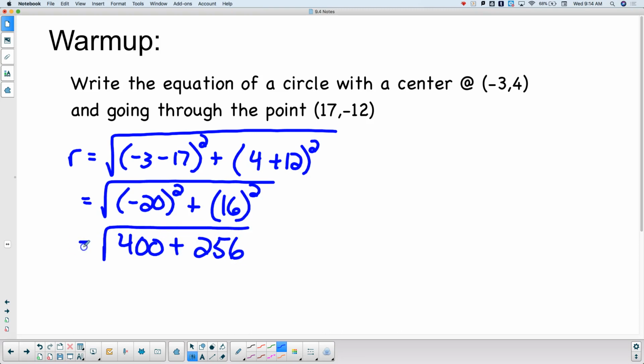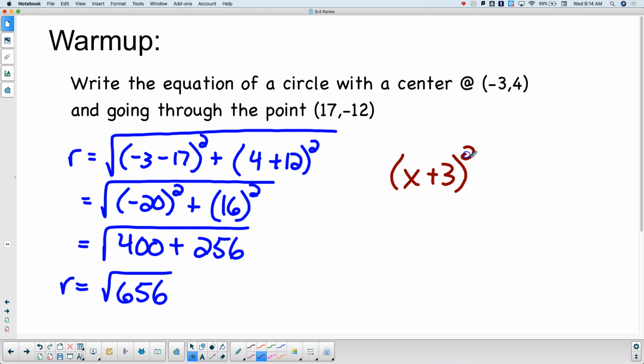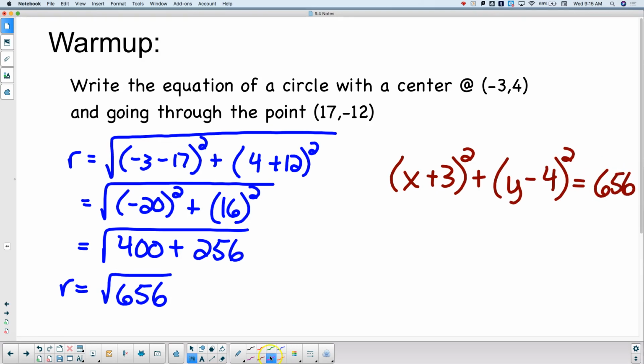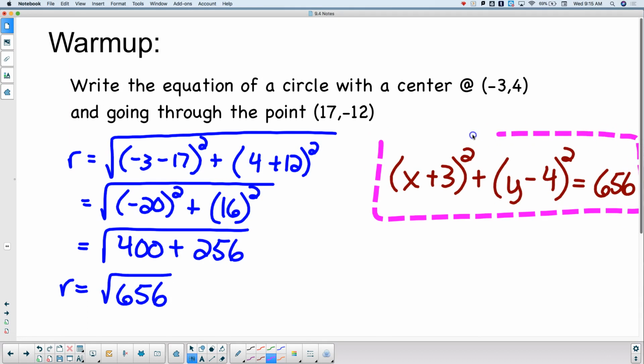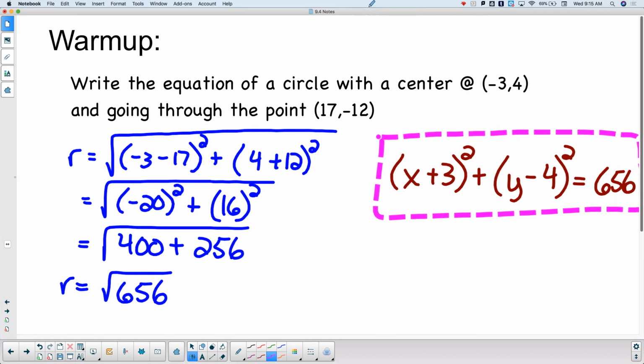So I get my radius is the square root of 656. Agree? Okay. So the formula for the circle is x minus -3 quantity squared plus y minus 4 quantity squared equals this radius squared, which is just 656. And that's it.